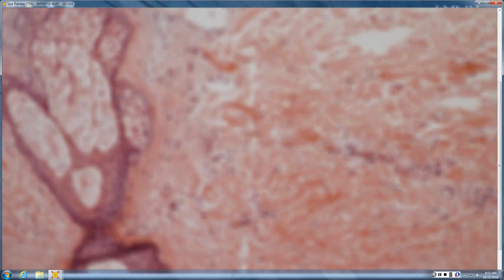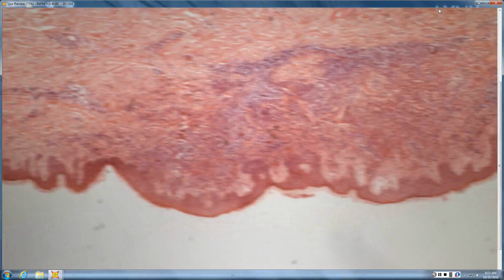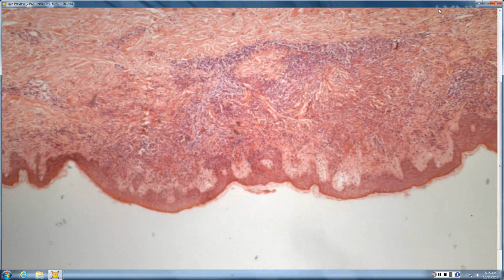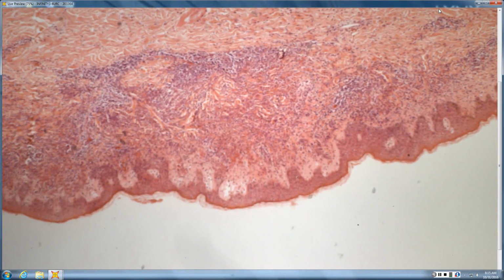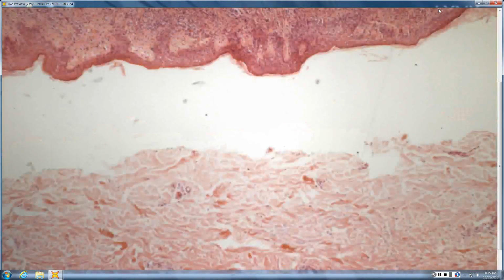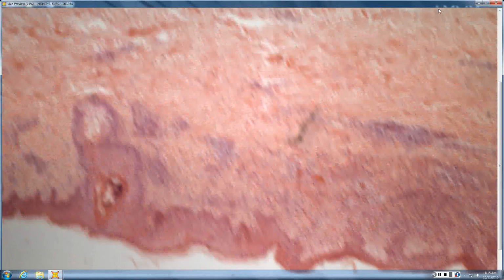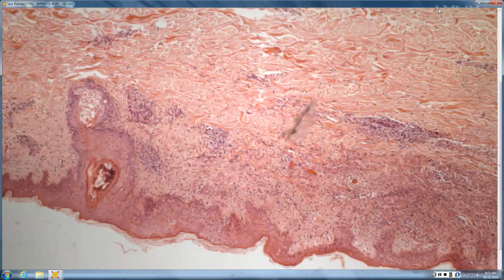Okay. Let's see what we got here. So it looks like you have a little bit of papillary dermal edema, and the horn is pretty acute. So papillary dermal edema, acute horn, maybe some neutrophils there.